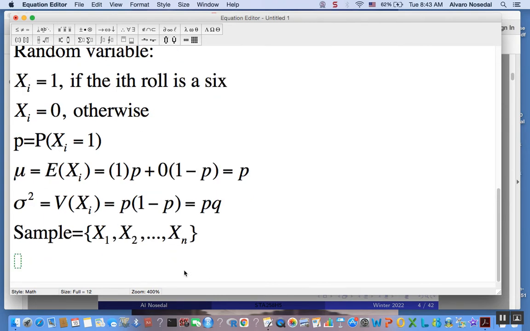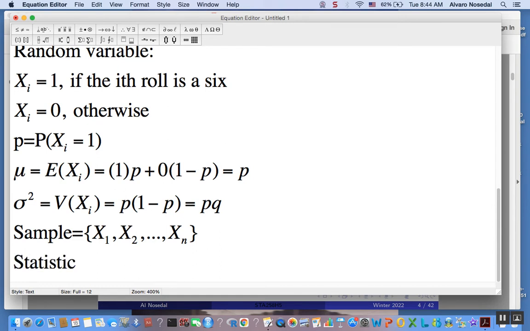Now let's define, using those observed realizations of this Bernoulli random variable, a statistic.